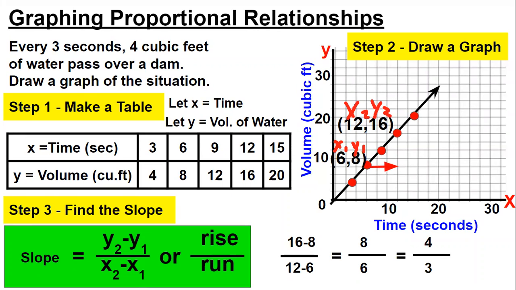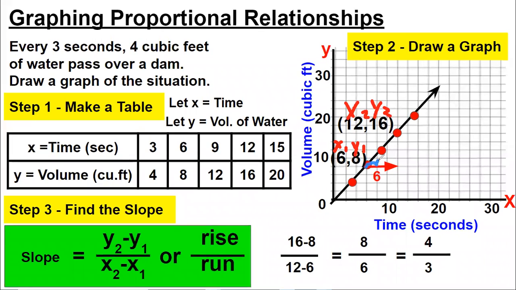So I rise and I run. So this is my run, my horizontal. I've gone 6 units. Remember, every line is 2 units. So I've gone 2, 4, 6. Actually, I will draw that. So I went 2, 4, 6 units. Then I go up for my rise.